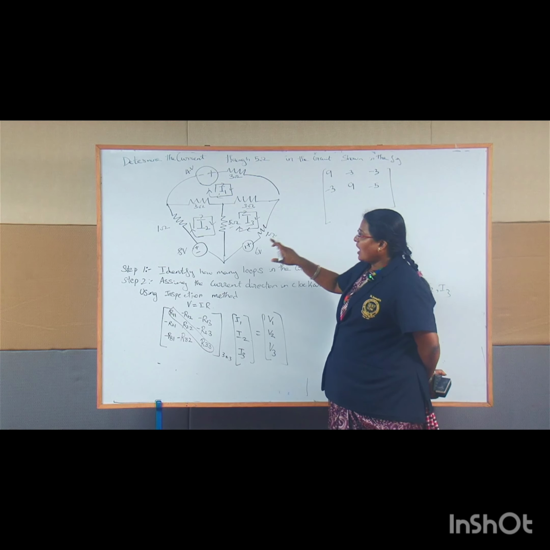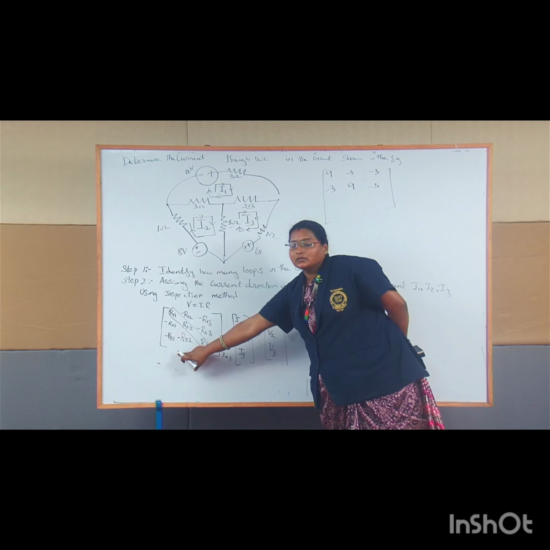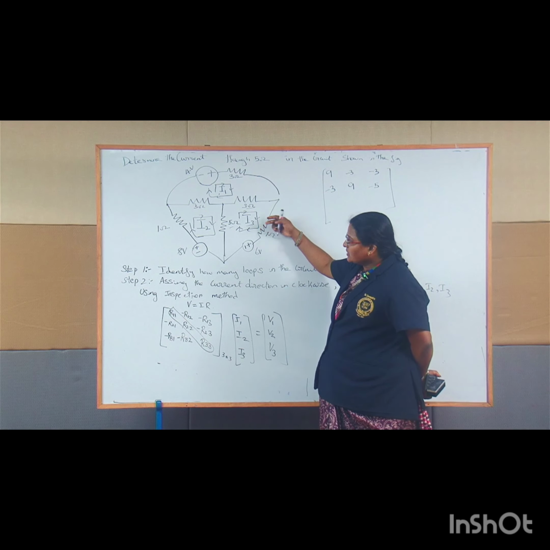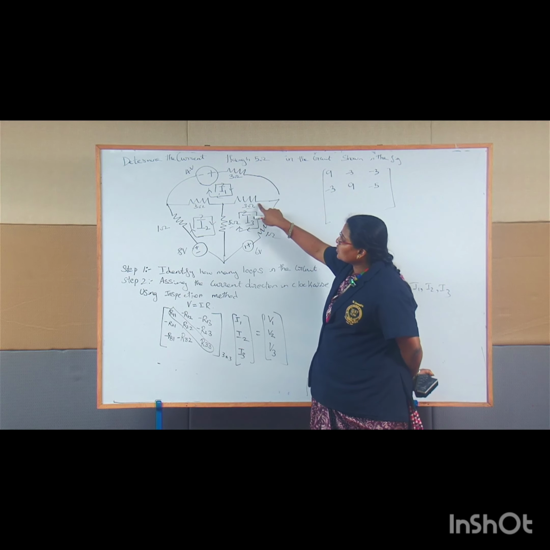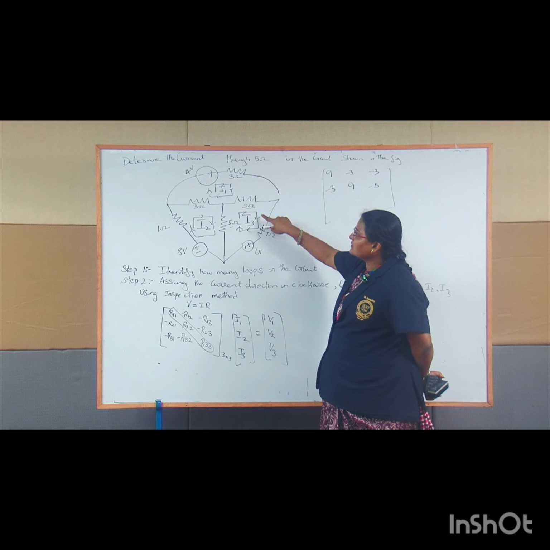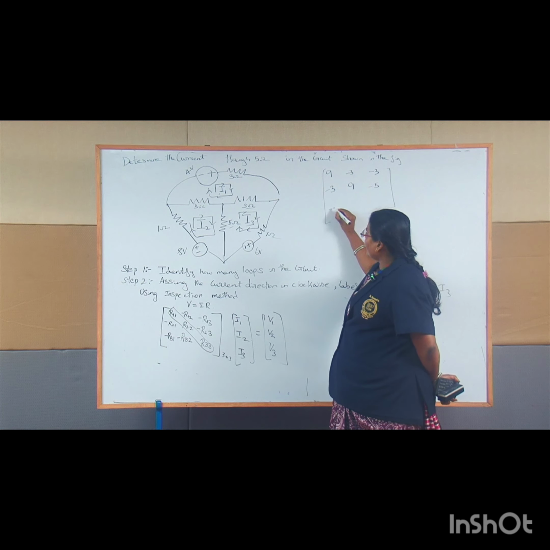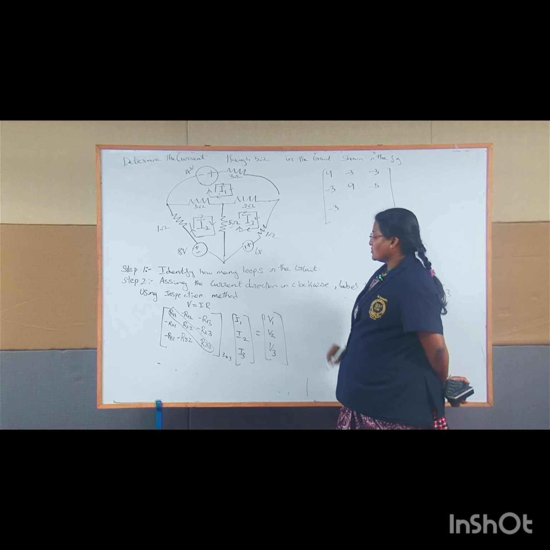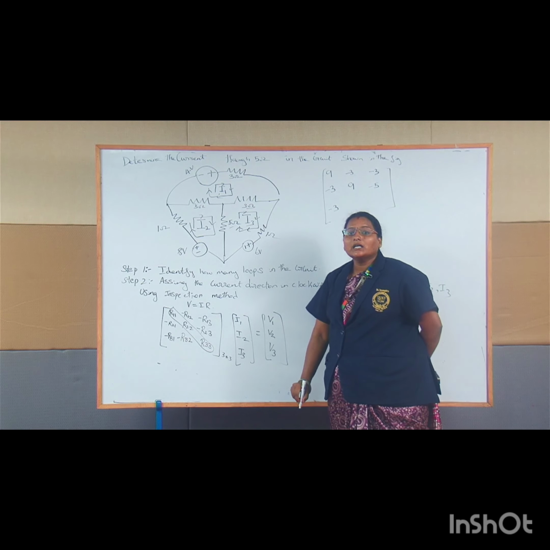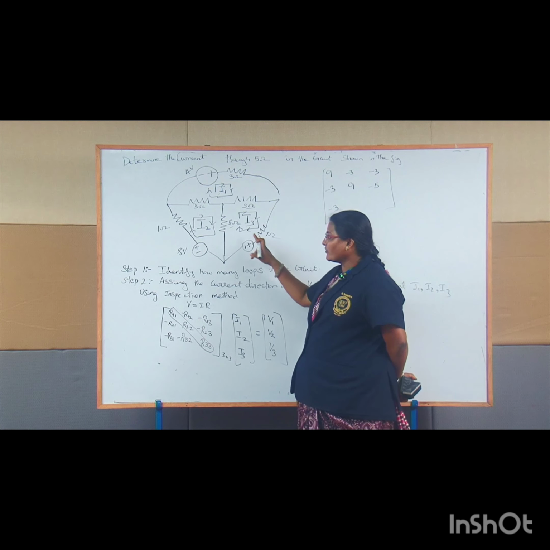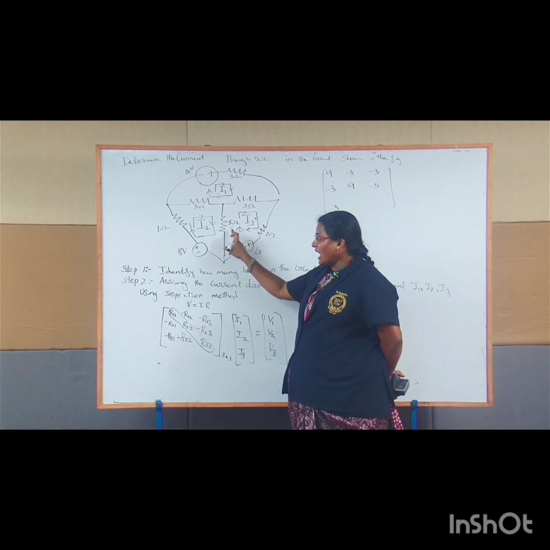Then R31 means the resistance shared by the third loop and first loop. So here 3 ohms, right? This is loop 1, this is loop 3. So 3 ohms, and you have to mention minus 3 ohms. Then R32 means the resistance shared by loop 3 and 2.